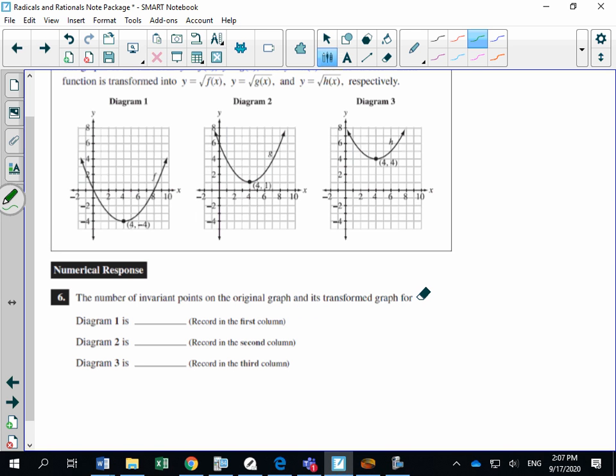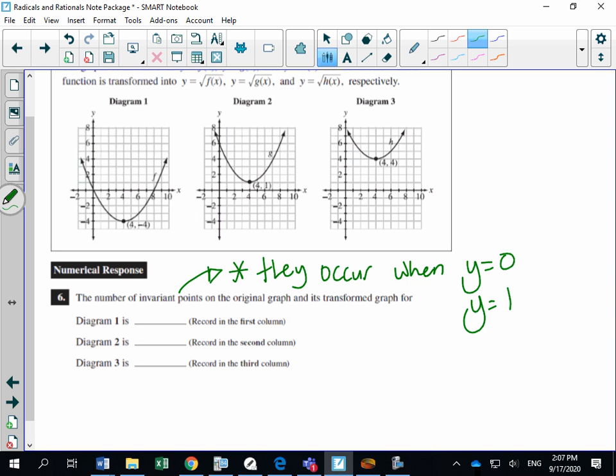Okay, so invariant points, what you have to remember for radicals is they occur when y is equal to 0 and y is equal to 1, right? So invariant points are points that don't change from the original and the transformed graph. So what I need to do for this diagram 1 is put dots on all of my invariant points.